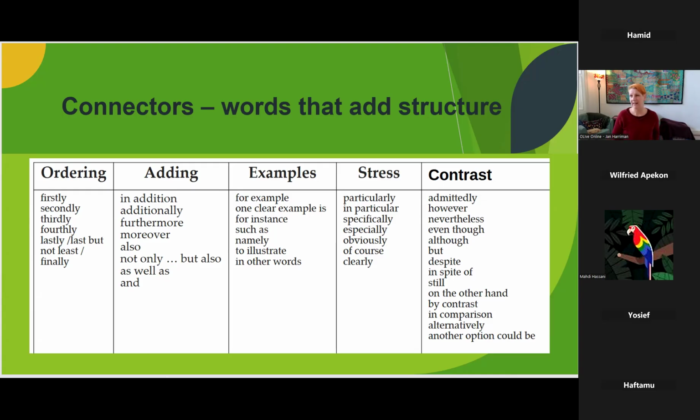Not only is it cheaper and more accessible for countries that do not have the technology for nuclear energy, but in addition, in a hot, sunny climate, there's a lot of sun to be had, right? It's very efficient. So that's in addition. So these are words you can use when you are adding information to your sentence.